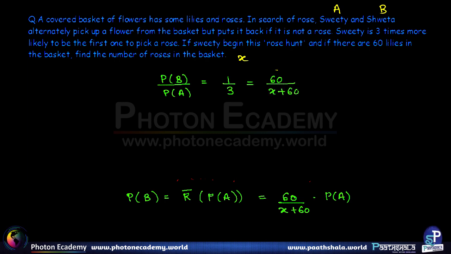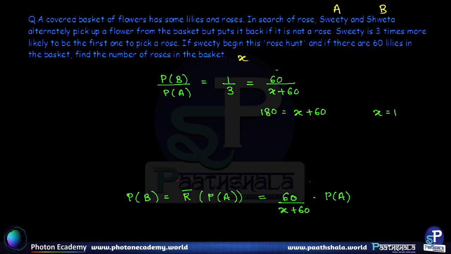So let's calculate this. This will be 180 is equal to x plus 60. So x is equal to 120, and we have to find x only, right? So 120 is our answer.